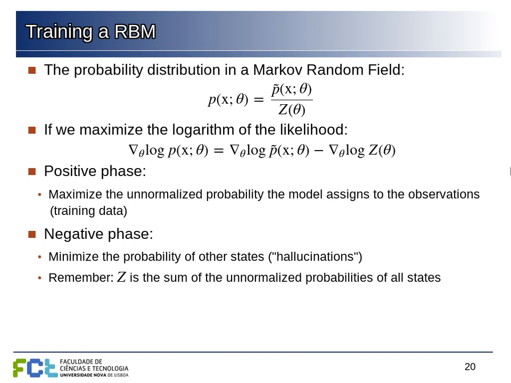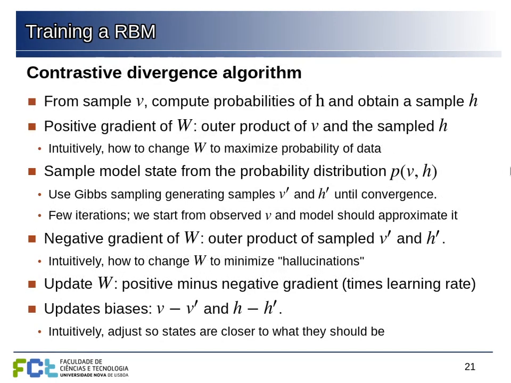Okay, so let's bring this together. This Z, remember, is the sum of the unnormalized probabilities over all the states. And this leads us to the contrastive divergence algorithm for training a restricted Boltzmann machine. So we start with an example.